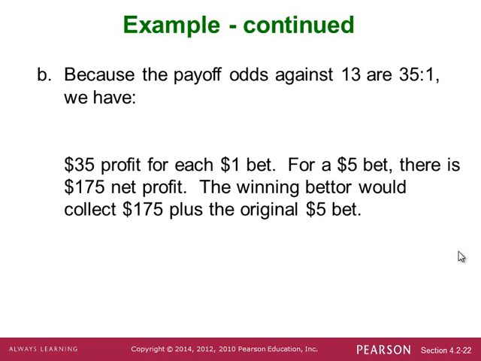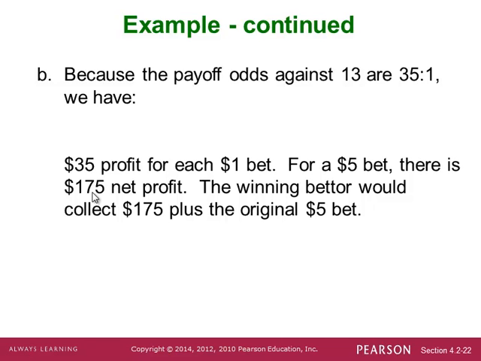Now to calculate the profit. We're told that there are 35 to 1 odds. We bet $5. So that means if you win, you will win 5 times 35, which is $175 net profit.